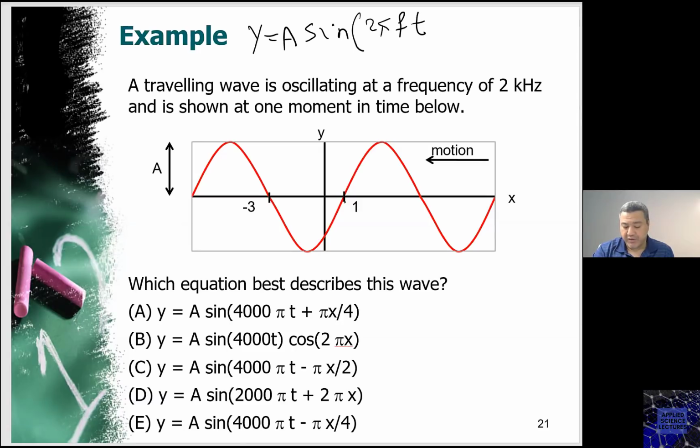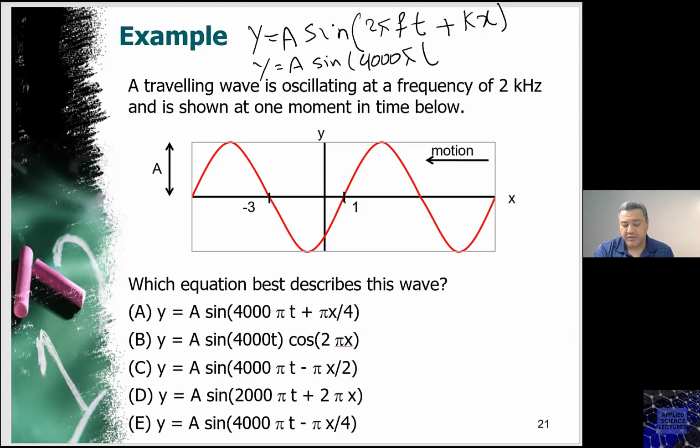It is going in the negative direction, which means this is a plus kx. So 2 pi f is 4,000 pi t plus. We only need to find k to get the full picture.